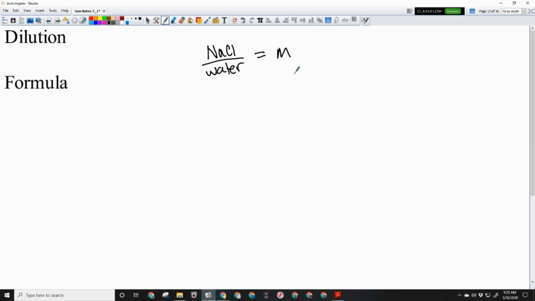And what if we don't want that concentration? What if we want it to be what we call watered down? Then we're going to add more water to that, and the concentration then is going to go down.